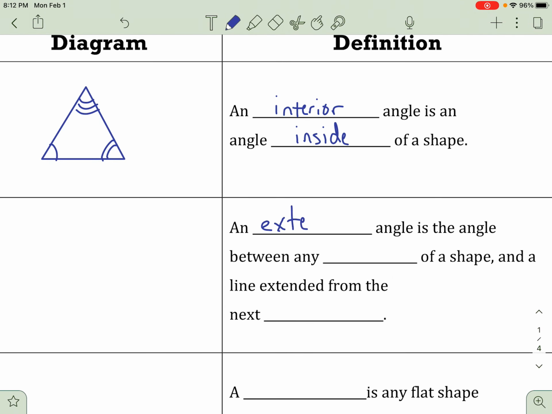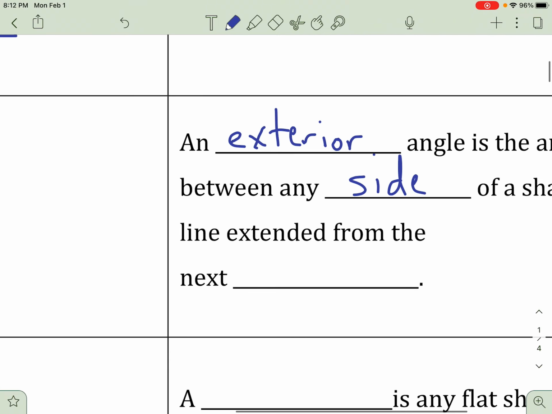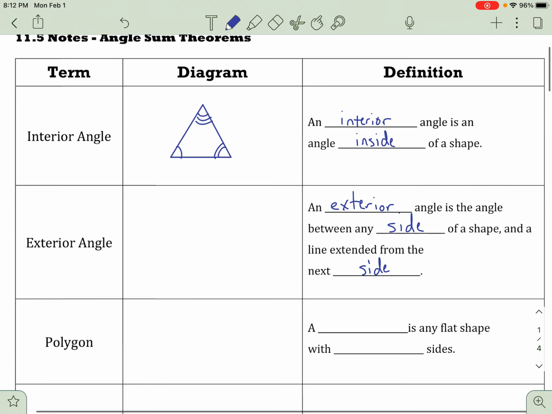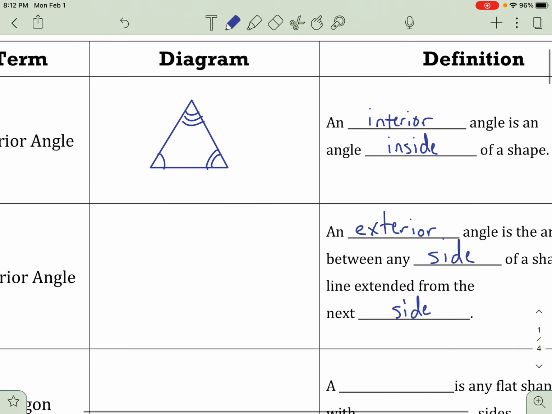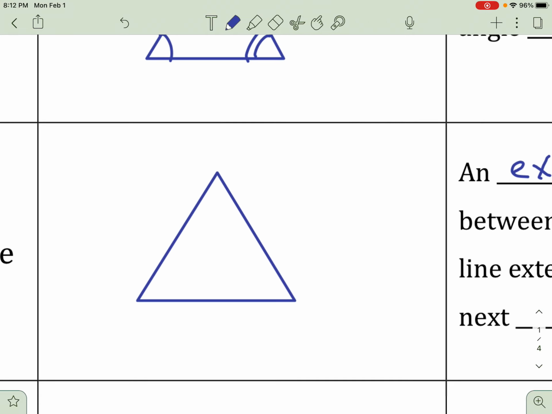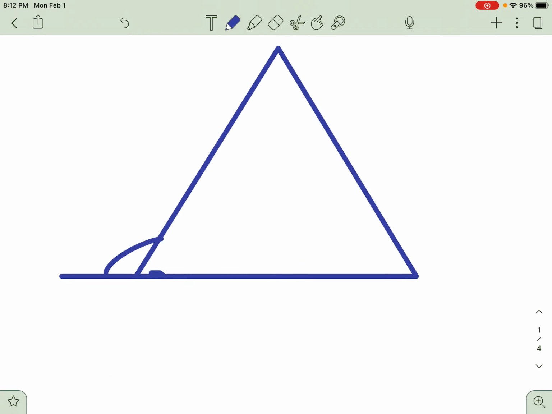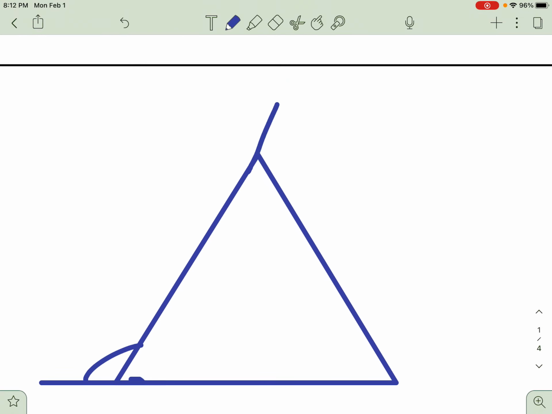Okay. Exterior angle, of course, is the angle between any side of a shape and the line that is extended from the next side. So if I give you a diagram here, that'll make a little bit more sense. Say I give you the same triangle, okay? So the exterior angle is when you take basically a base or a side, extend it, and it is this angle, right?